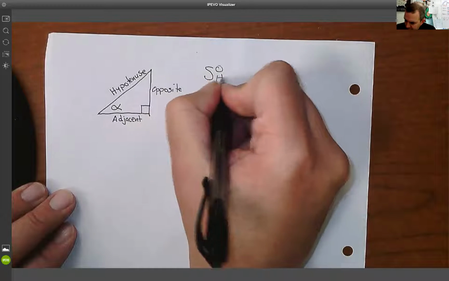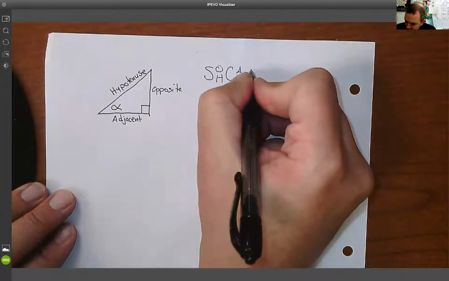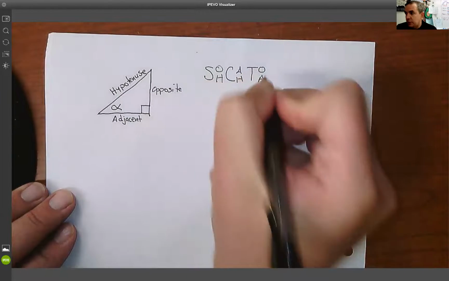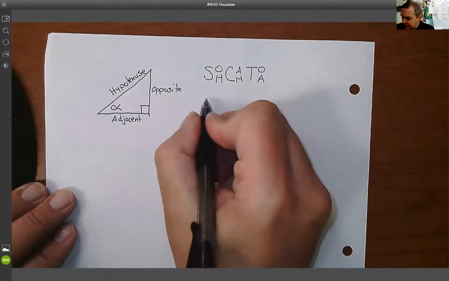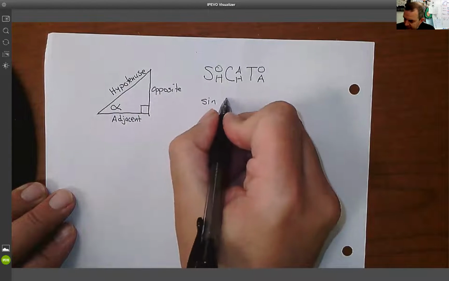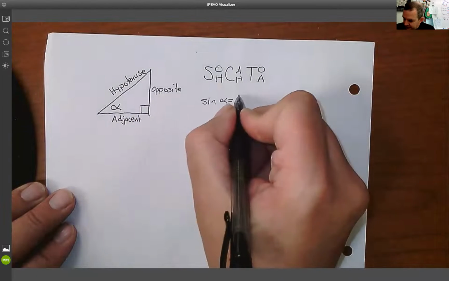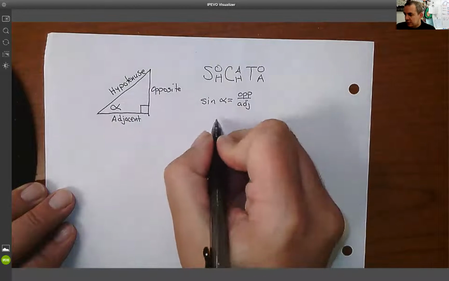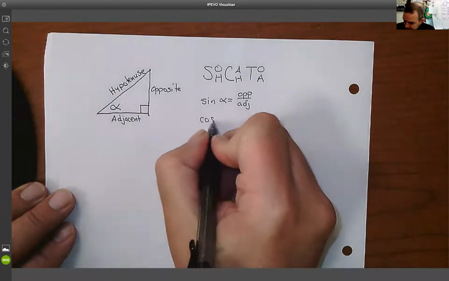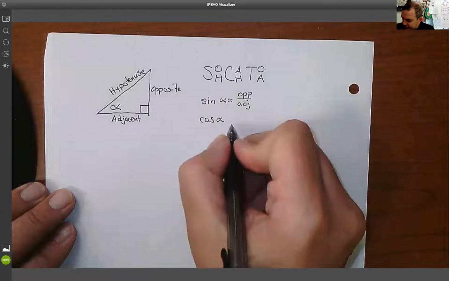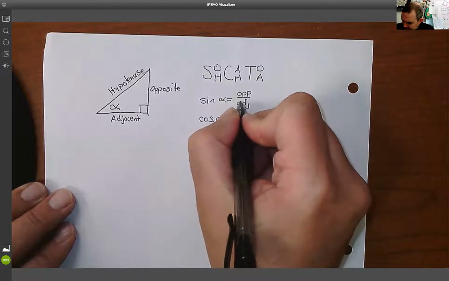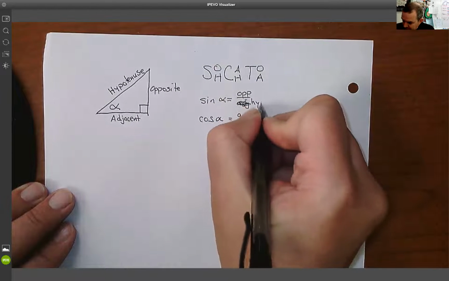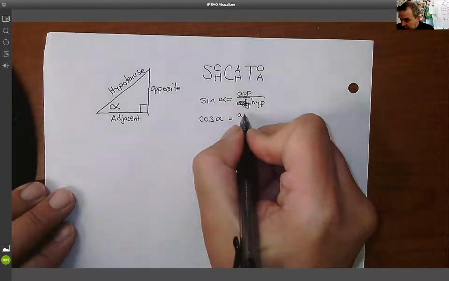S-O-H-C-A-H-T-O-A. Just as a quick reminder, S stands for sine, and what it says is the sine of angle alpha is equal to the opposite side length over the hypotenuse side length. For cosine, A over H, that is going to be the adjacent over hypotenuse.